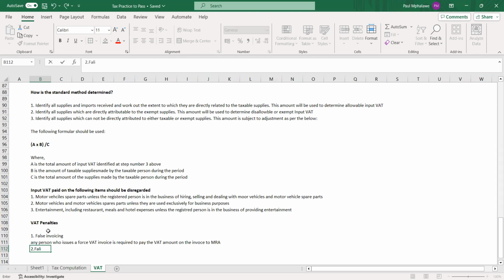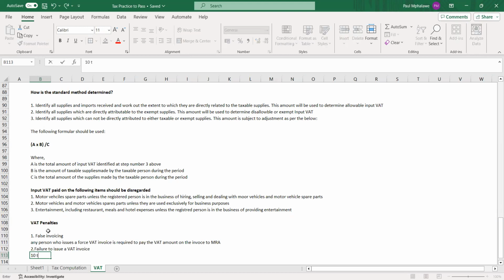Failure to issue a VAT invoice also carries a penalty. Section 46 states that a person who fails to issue a VAT tax invoice as required under section 21 for goods supplied or services rendered commits an offense and is liable on conviction to a fine of 10 times the value of the VAT.